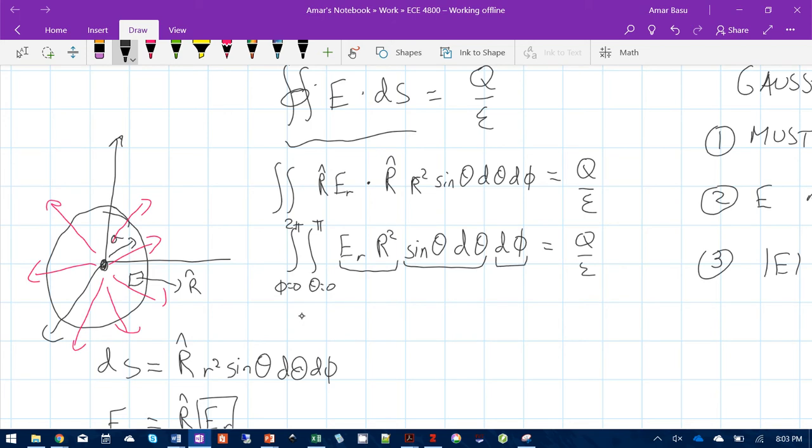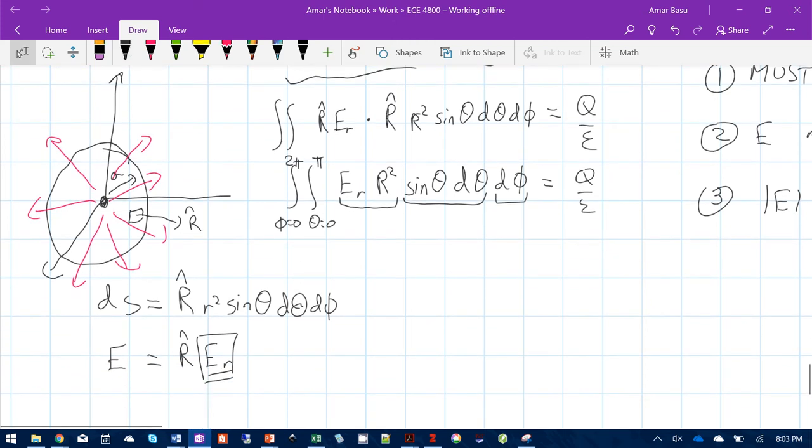So we have a situation here where the variables are separated. This one is considered a constant because we're integrating with respect to theta and phi. Then we have a sine of theta d theta term and a d phi term here. So we can separate them, and make this a constant, E sub r times r squared.